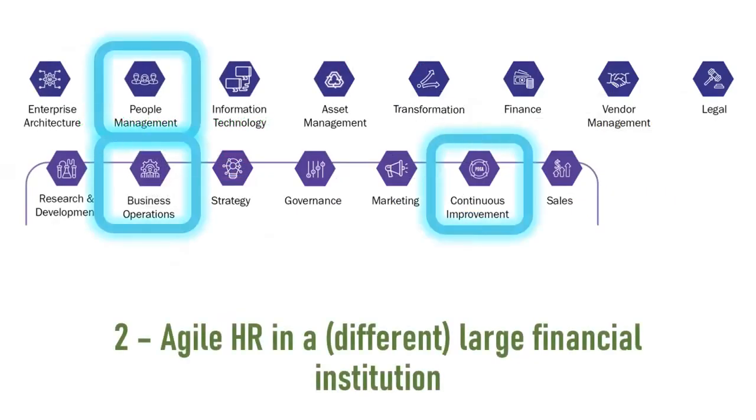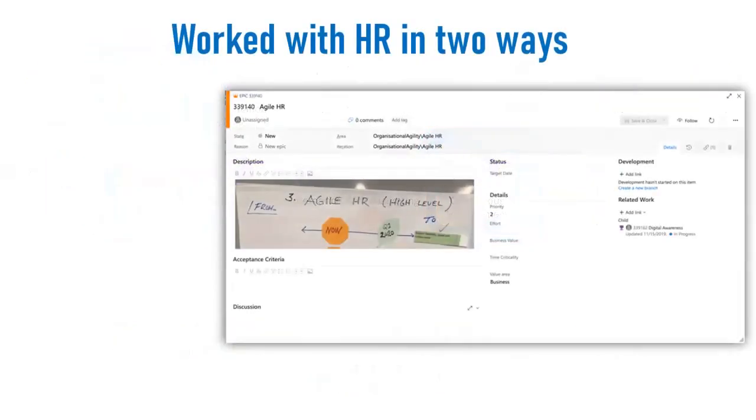Second example, completely different place too, different institution. Agile HR, which touches upon obviously at least these aspects: people management, continuous improvement. In this particular case, we worked with an institution in a couple of ways.